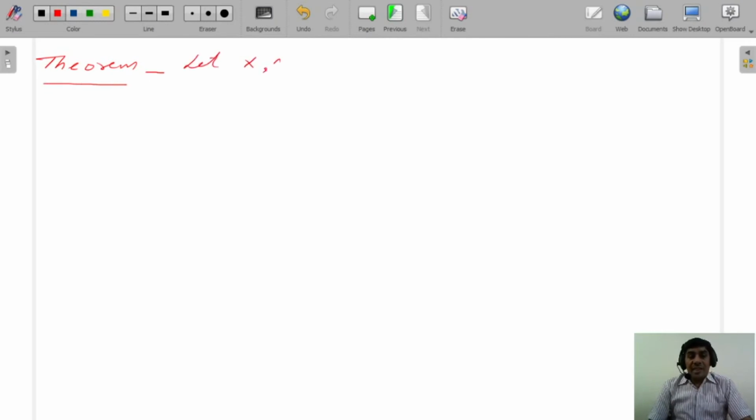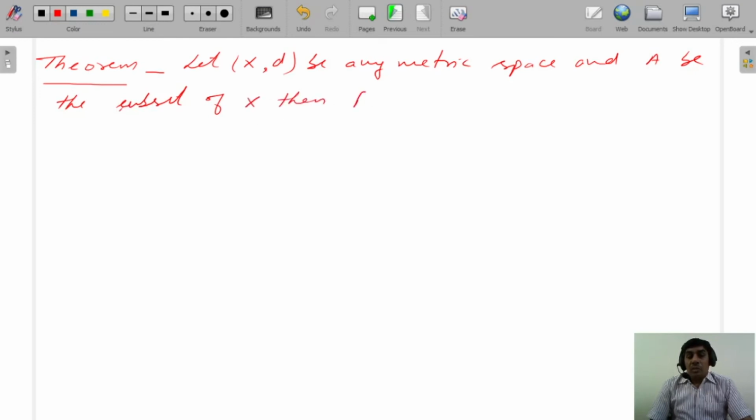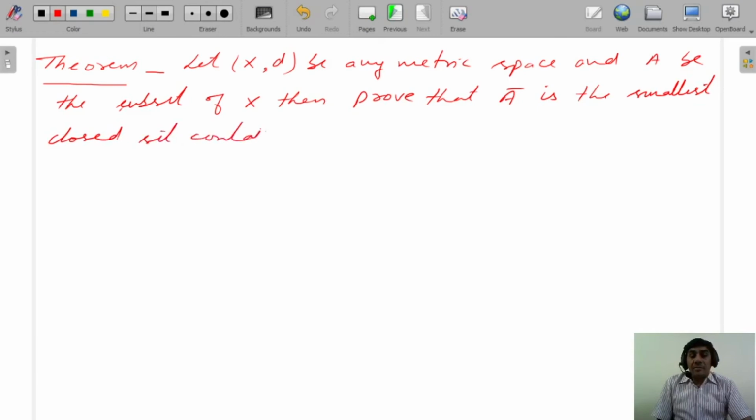Let (X, d) be any metric space and A be the subset of capital X, then prove that A closure is the smallest closed set containing A. Proof.